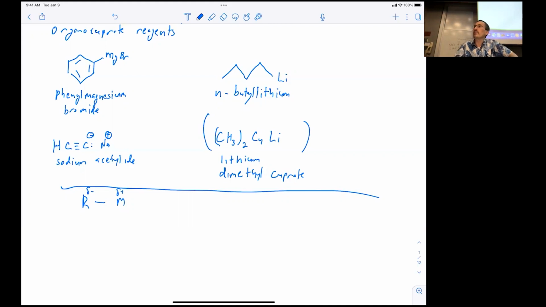The shorthand for thinking about this is that metals are more electropositive than carbon. They're more willing to give up their electrons. Different metals have different electronegativities, different indices of how much they're willing to give up their electrons. So carbon has an electronegativity of 2.5.